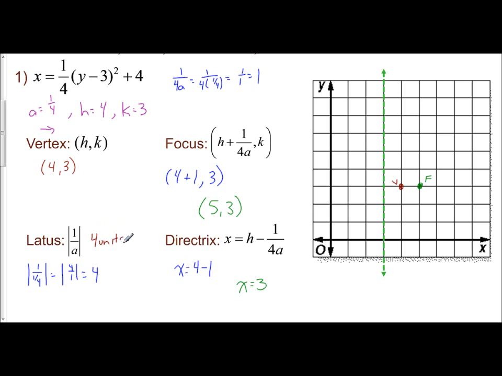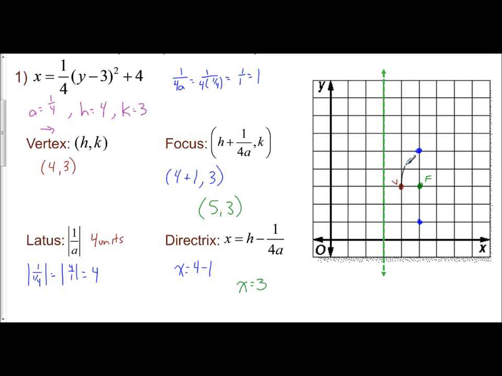So the length of the latus rectum is 4 units. What this means is you start at the focus and you need to cut the latus rectum in half, which means you would go up 2 units and you would go down 2 units because that gives you 4 units total. And that represents the location of points of the parabola. So start at your vertex.